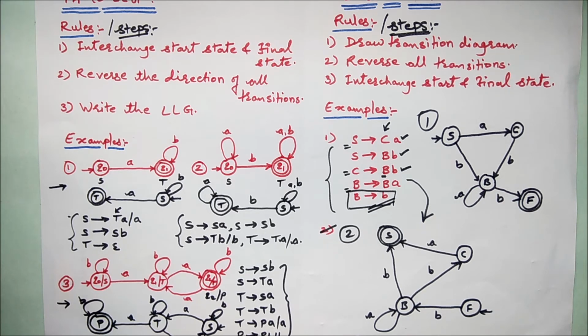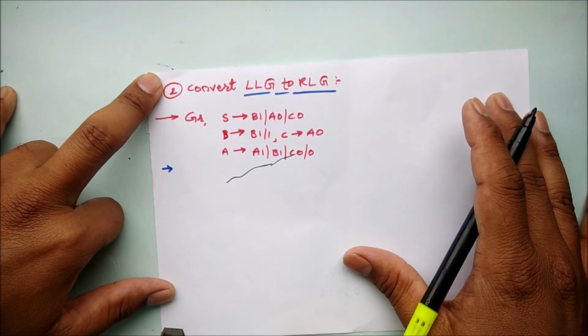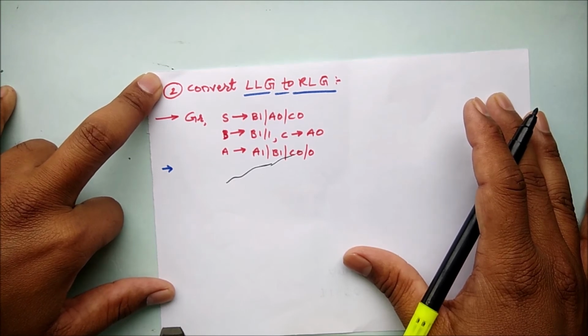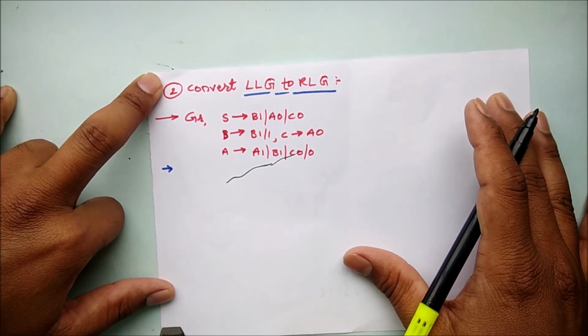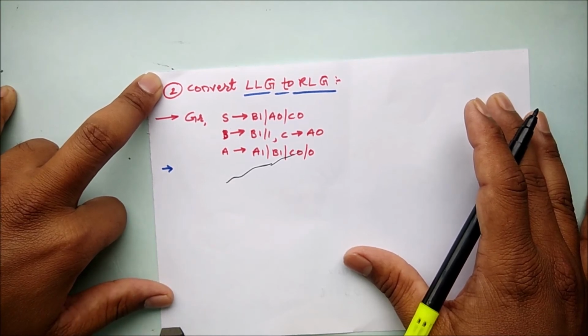So let's see one simple example of this type, right? This can be solved by converting the LLG into FA, and then the FA can be converted into the RLG, right? So let's move on to the first step, to convert the LLG into FA first.